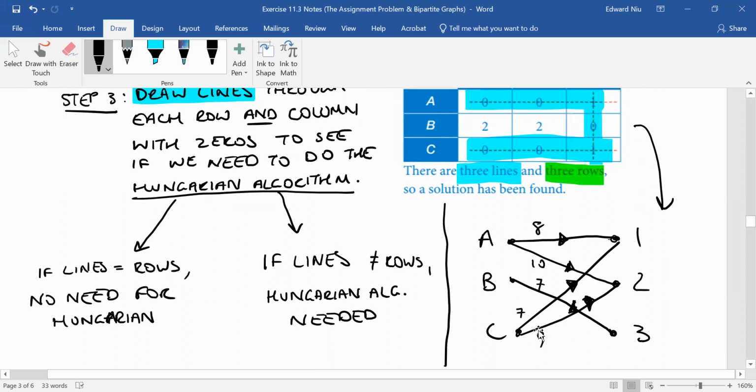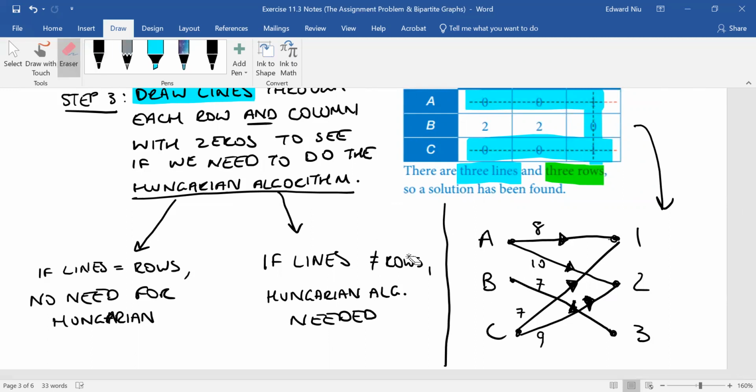And C here can do jobs 1 and 2 as well. But what you notice is C is more efficient at both jobs 1 and 2 than person A. So what we want to do is take the absolute smallest. Now, obviously, person B can do job 3 only, so that's the easy line to take.